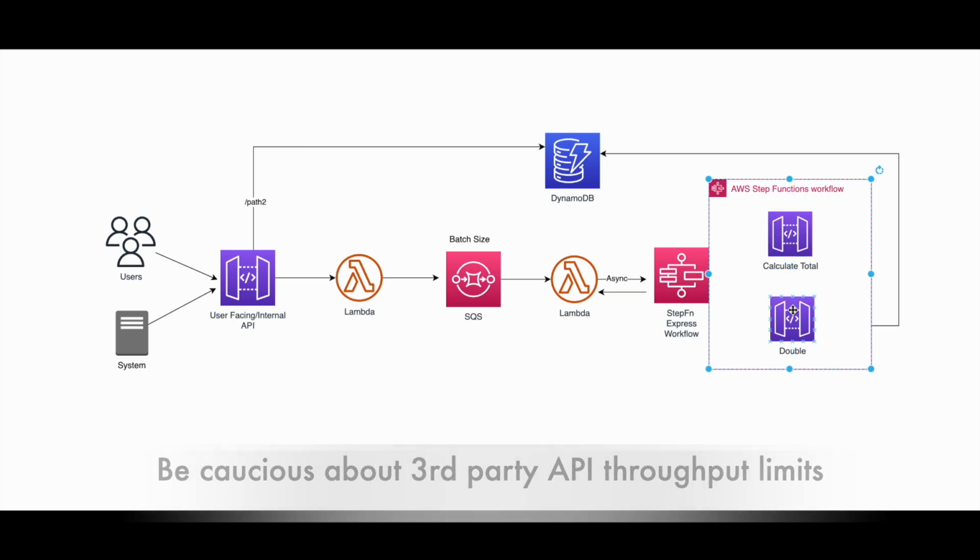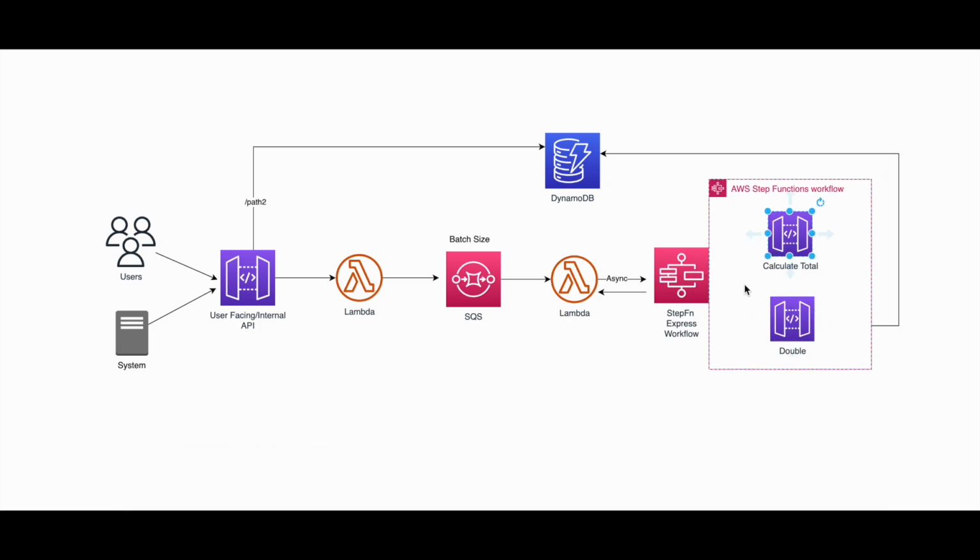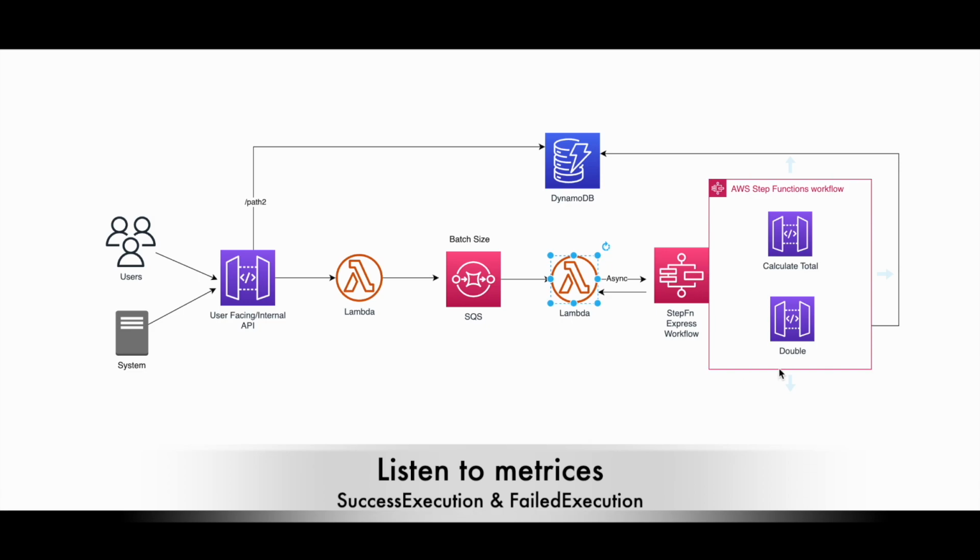If these APIs' throughputs are limited, then there's a concern because these APIs will throw errors if they can't handle the load. So be careful about that. One thing you can do is think about the batch size with which you invoke this Lambda function, as well as set up some metrics at the Step Functions workflow, like successful executions and failed executions.